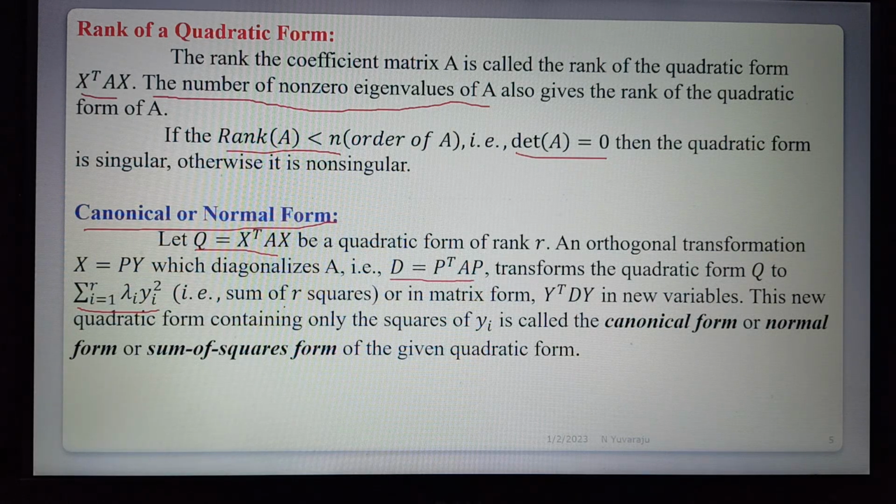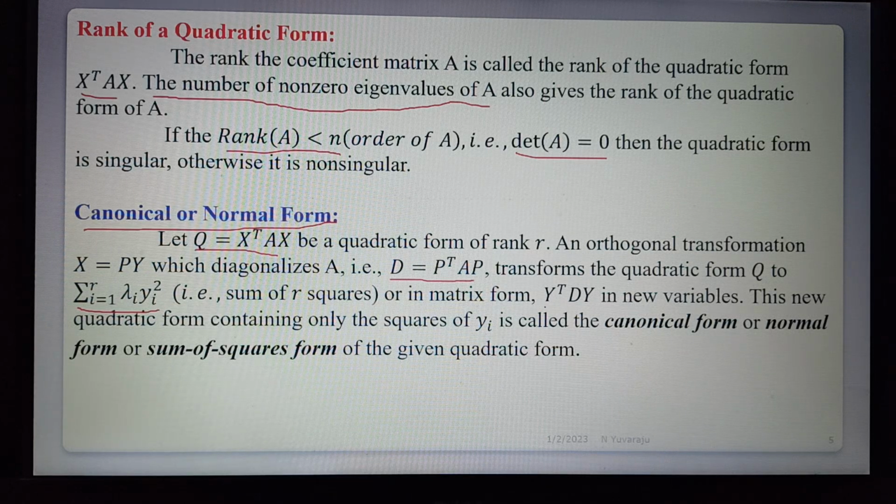The new form is only a sum of squares of the same variables. The product terms xy, yz, zx and so on are eliminated. We only get the coefficient of y1 square plus the coefficient of y2 square plus the coefficient of y3 square and so on. That form is called the canonical form or normal form.